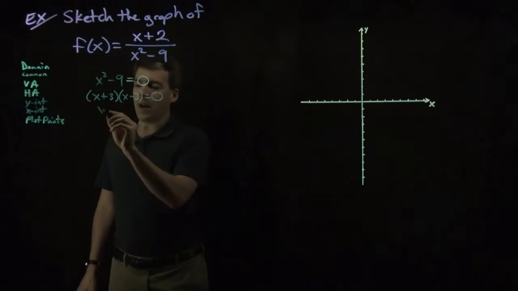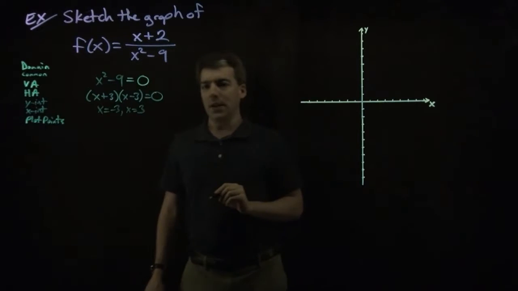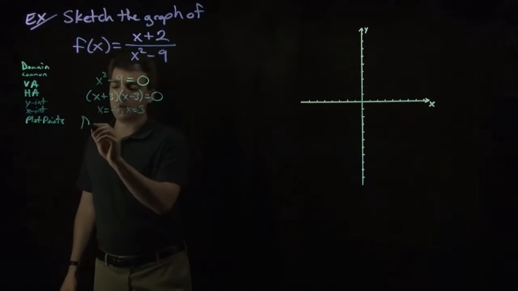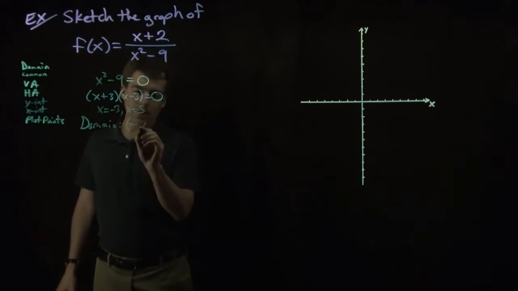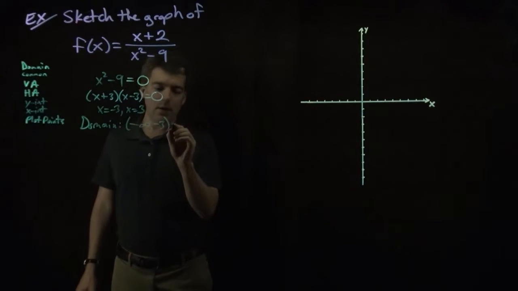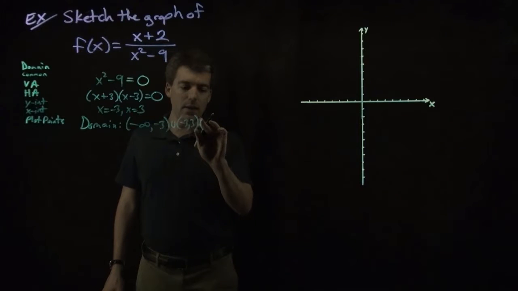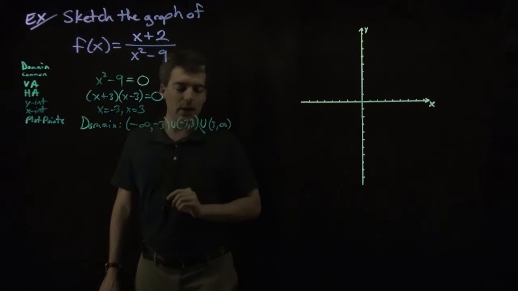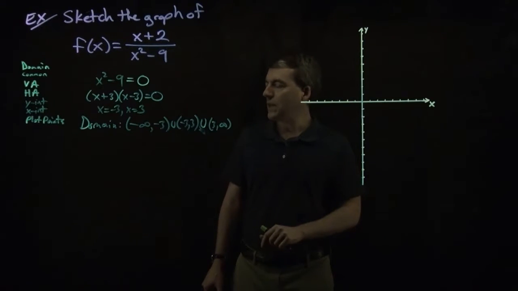And so we have x equals negative 3 and x equals 3. These values must be excluded from the domain. So the domain is going to be negative infinity to negative 3, negative 3 to 3, and then 3 to infinity. All right, that's the domain.